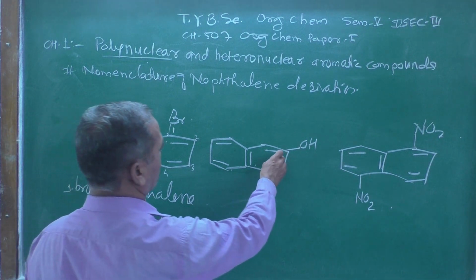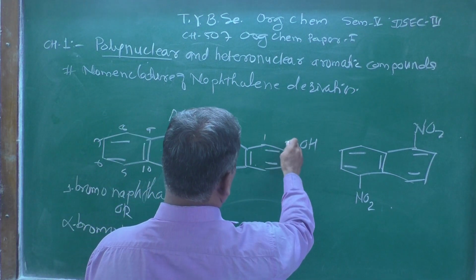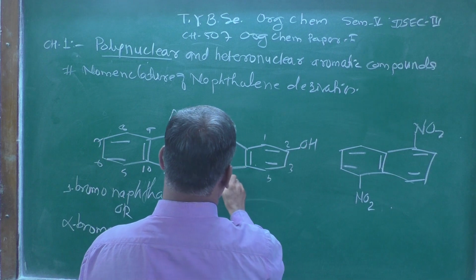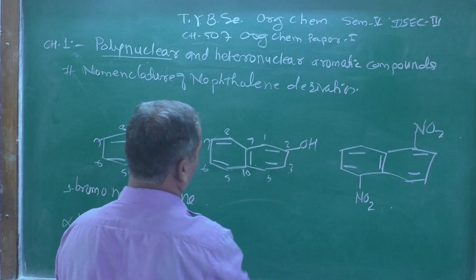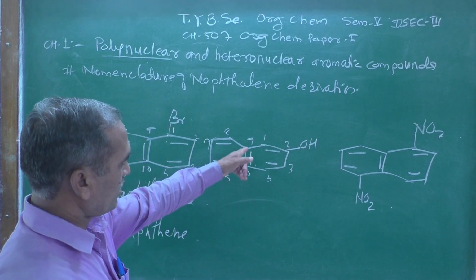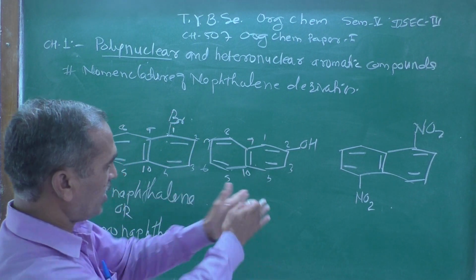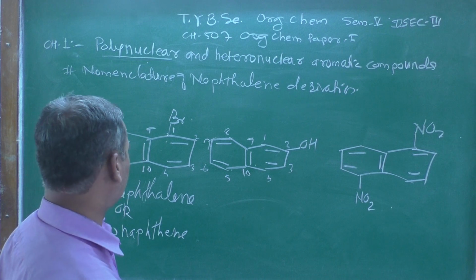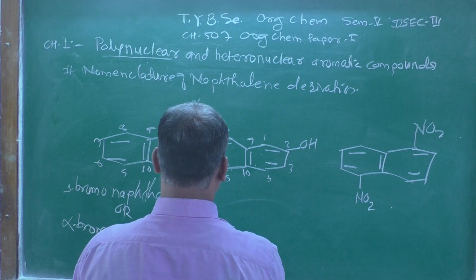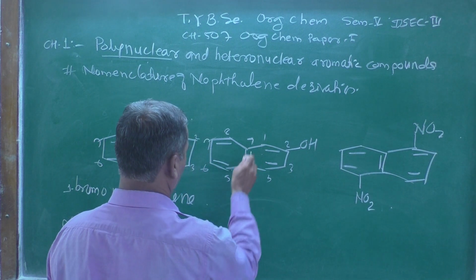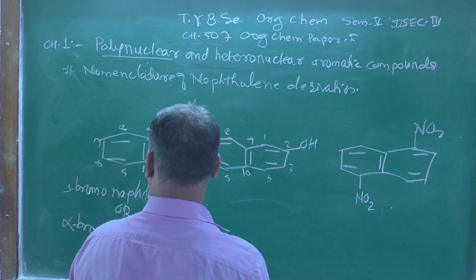Now look at here. In this case, this is 1, 2, 3, 4. Once again 5, 6, 7, 8, 9 and 10. Essentially, this is a carbon atom shared by both the benzene rings, and that's why the numbers given to those carbon atoms are 9 and 10.